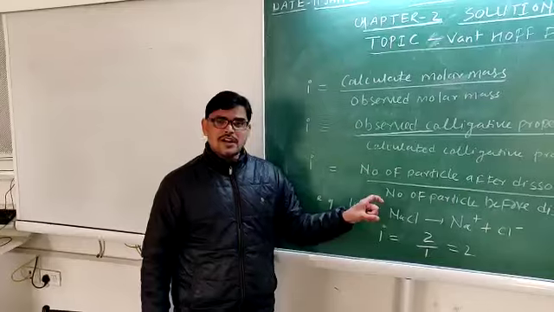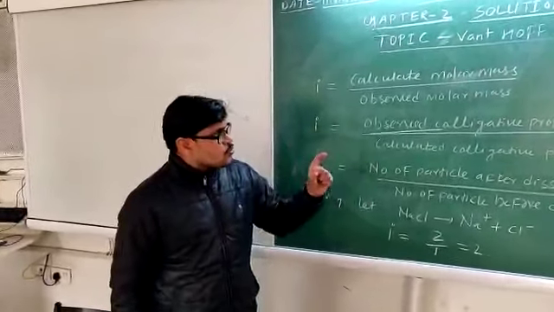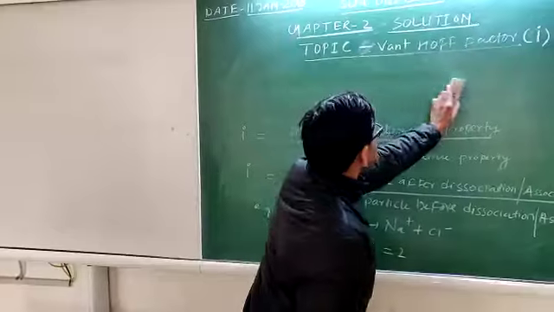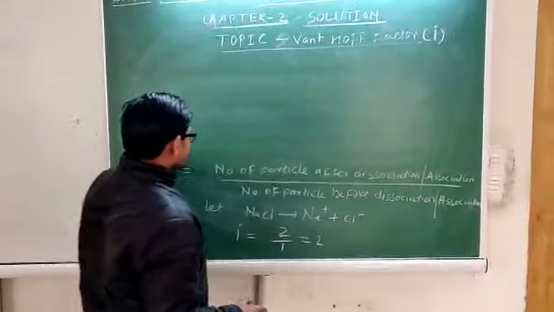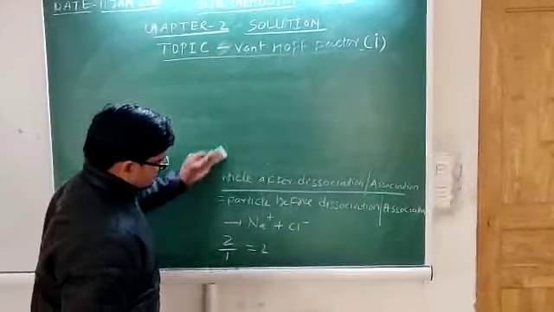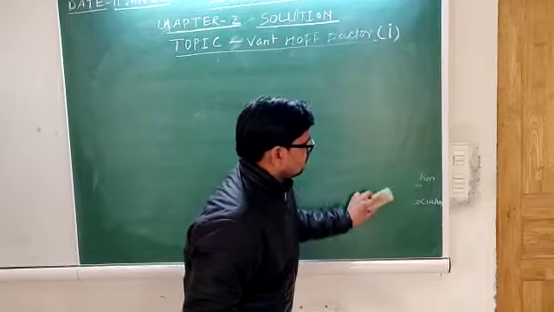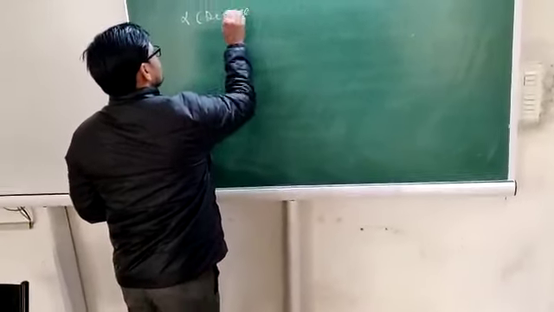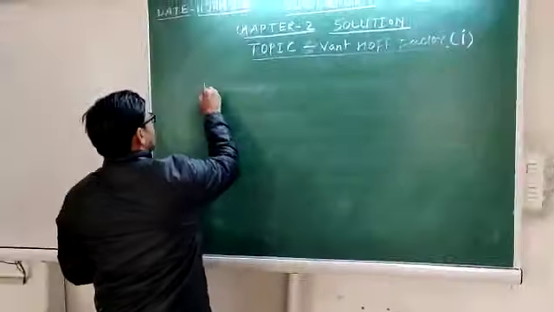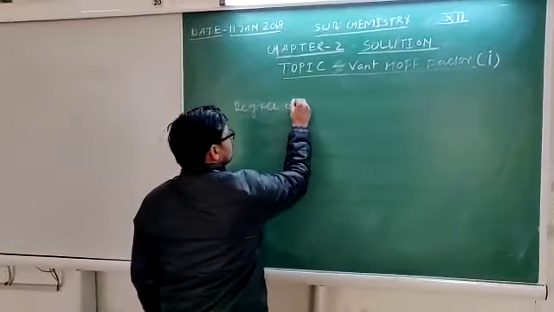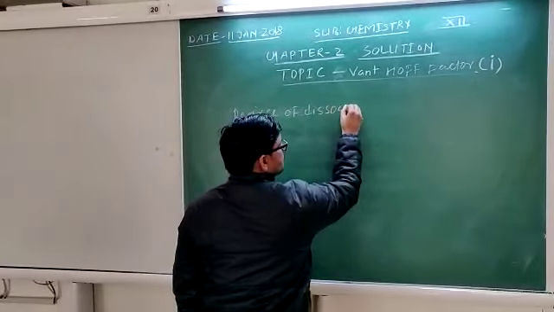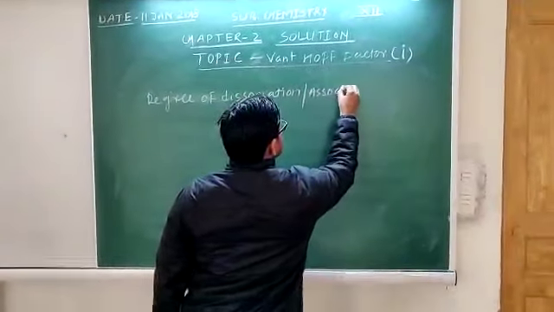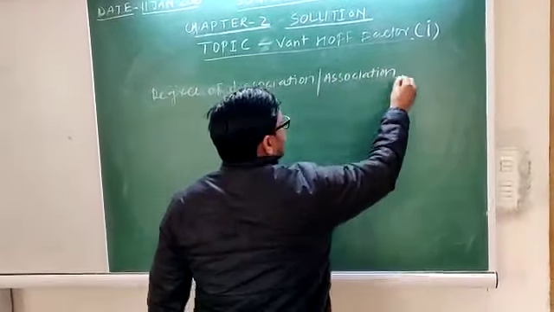If the solute does not undergo 100% dissociation, we need another factor to calculate the van't Hoff factor. The next factor is the degree of dissociation or association. It is represented by alpha.